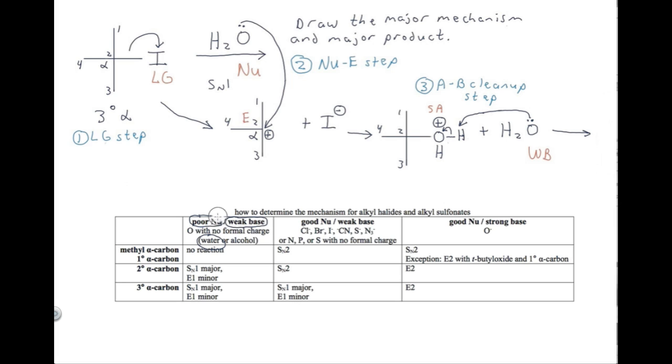Water is a poor nucleophile, but still good enough for SN1. And the table also tells us that water is a weak base. So we're also using the water here as a weak base. It's only a weak base, but that's still good enough to react with a strong acid, such as this. So our table confirms that we can use water both as a nucleophile for SN1 and as a weak base.